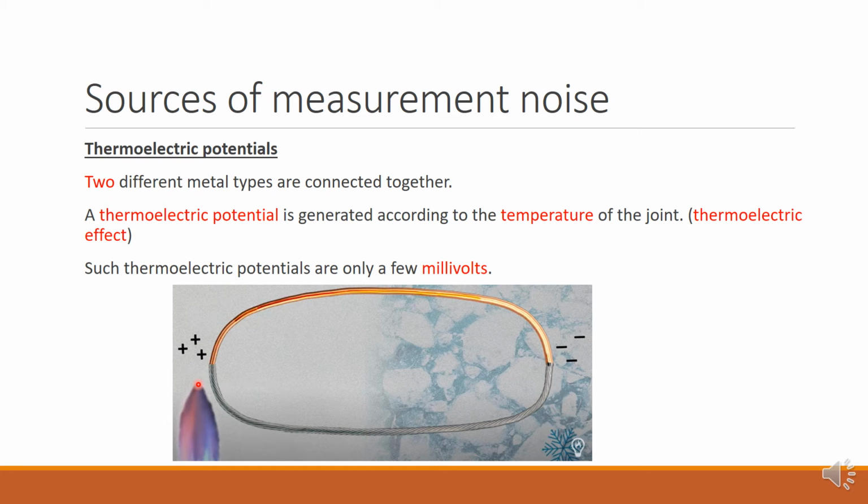For example, if you have lead and copper as a wire, and the ends of your wire are at different temperatures where they join together, it will generate a thermoelectric potential.